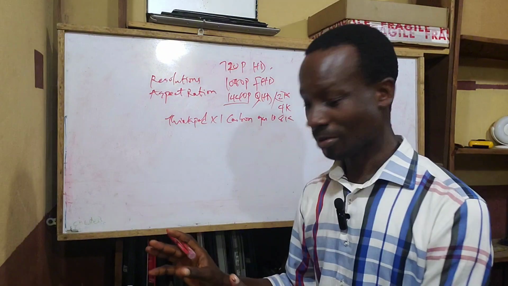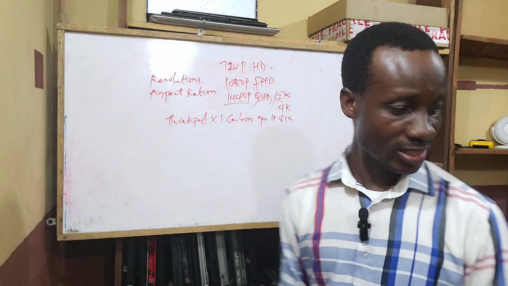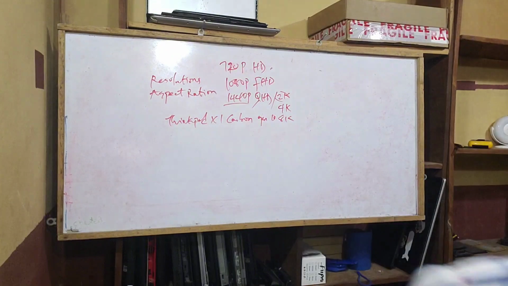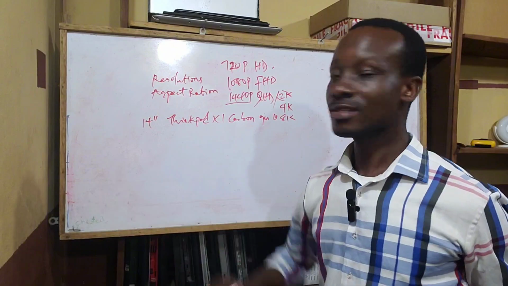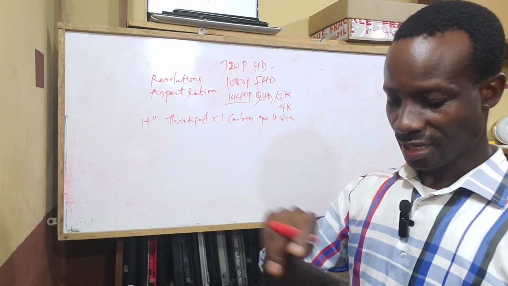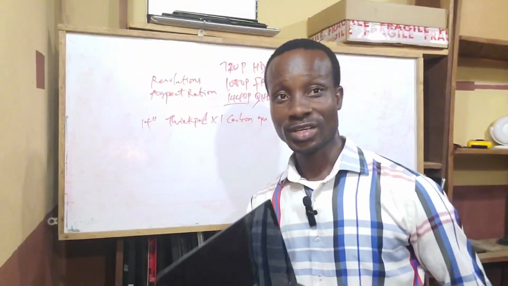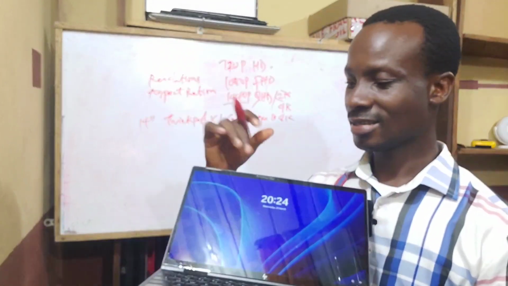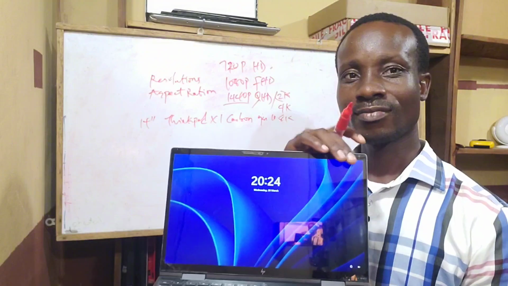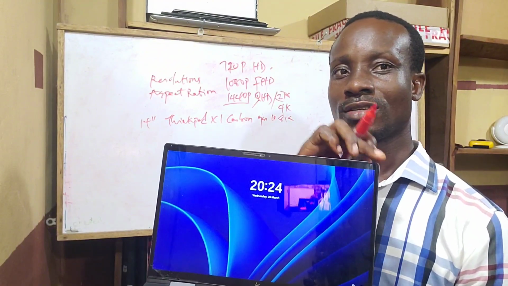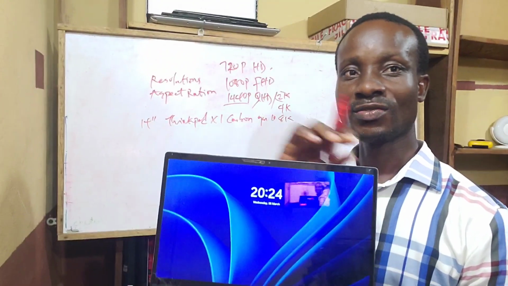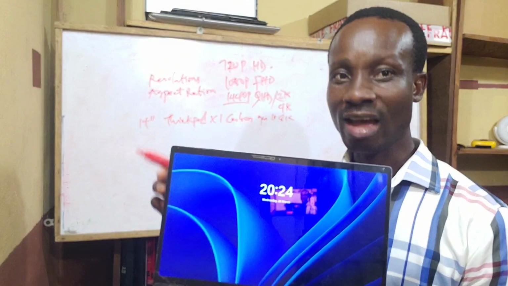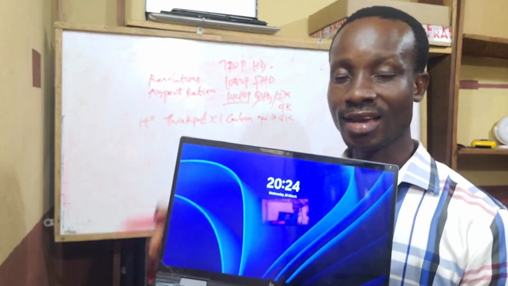Before I go to the aspect ratio, because I haven't explained it, you notice that while this PC is 14 inches, if you look at the screen, the width of this screen is much higher than the height.